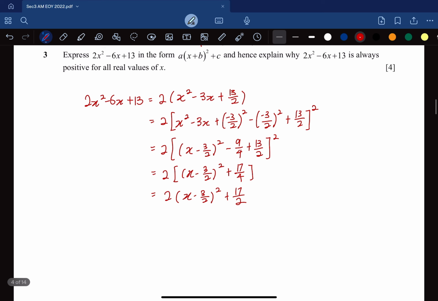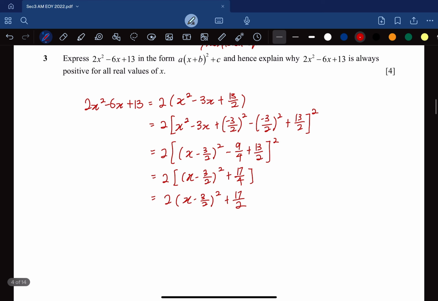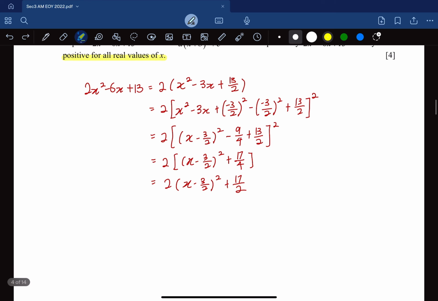So therefore the next part, hence explain why this expression is always positive for all real values of x, meaning explain why this completed square form here is always positive. As we know, any square number or any square function is always greater than or equal to 0.